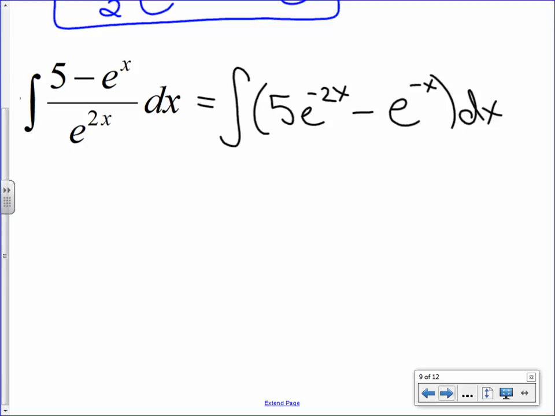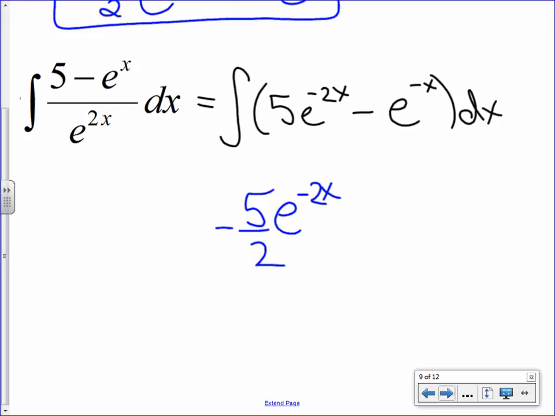Now when we integrate e to the negative 2x, we still have our 5 out in front, and since we have a negative 2 there, we're going to have to multiply by negative 1/2 to make up for the chain rule.